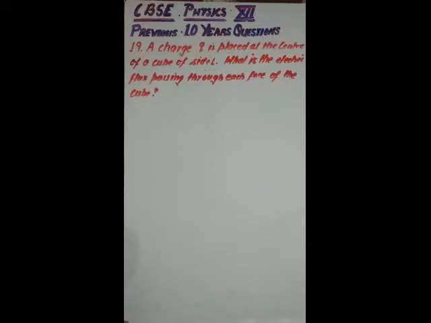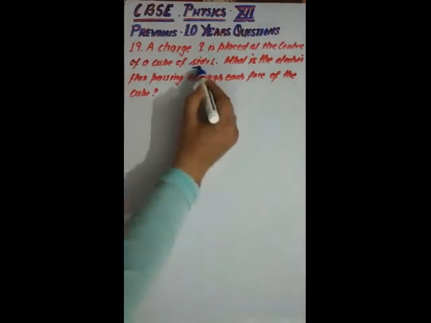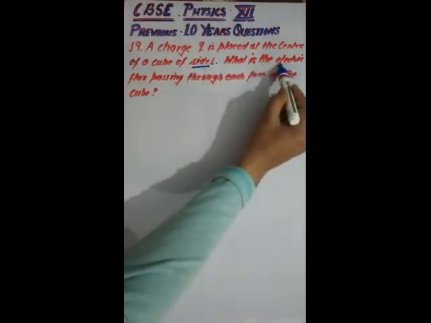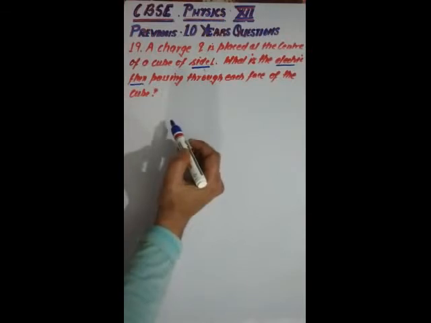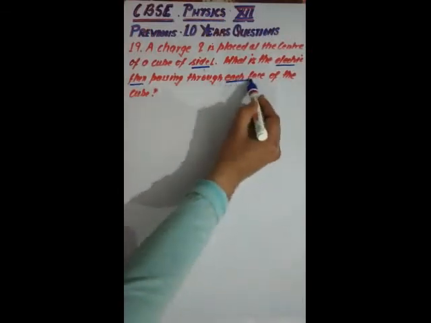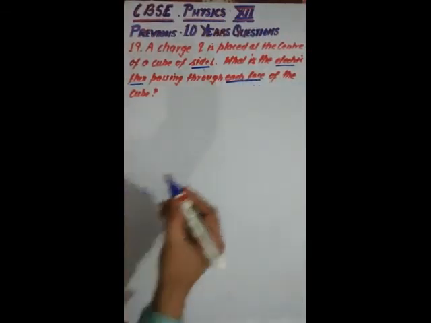A charge Q is placed at the center of a cube of size L. What is the electric flux passing through each face of the cube?